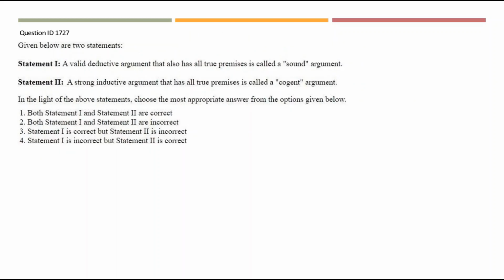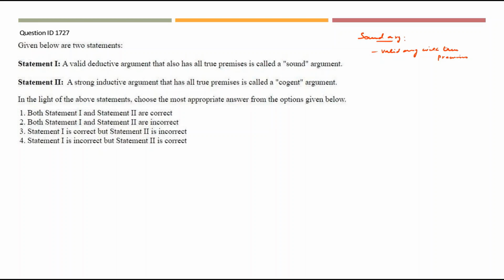Given below are two statements. A valid deductive argument that also has all true premises is called a sound argument. First we must understand what is a sound argument. A sound argument is a valid argument with true premises. This means if the premises are true, conclusion must also be true.